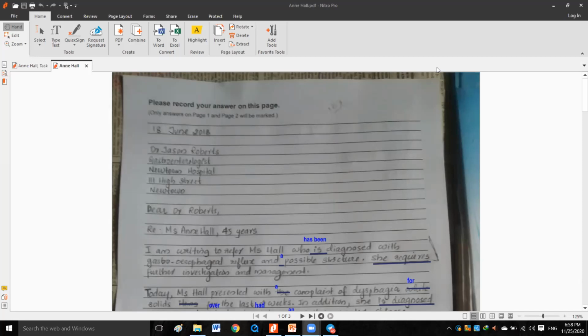Above the normal BMI? Normal range of BMI. You are welcome, doctor. Okay, doctors.